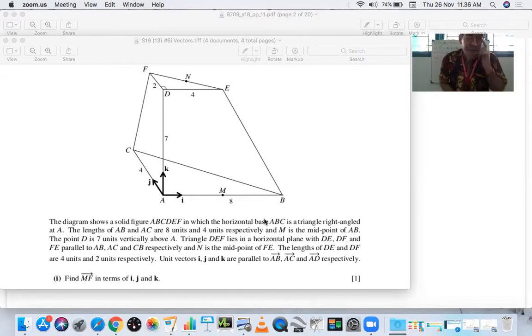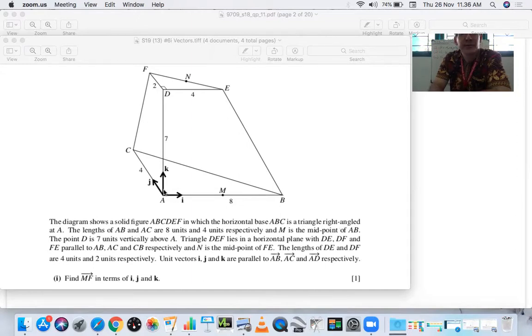So here we have this interesting looking diagram, and it says the diagram shows a solid figure A, B, C, D, E, F with a horizontal base, the ABC. So in other words, this triangle ABC is flat on the ground. And it's a right angled triangle.